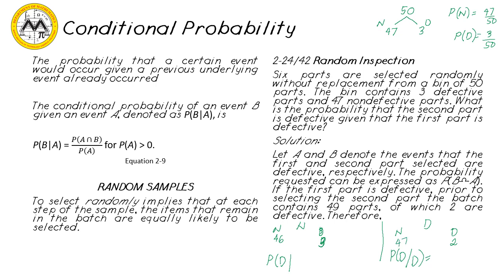So the probability that the second is defective is 2 out of 49. Similarly, we can get the probability of defective given the first one is non-defective. It is 3 over 49. So the probability changes depending on the underlying event that happened.